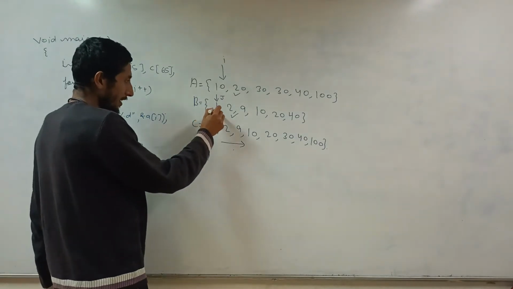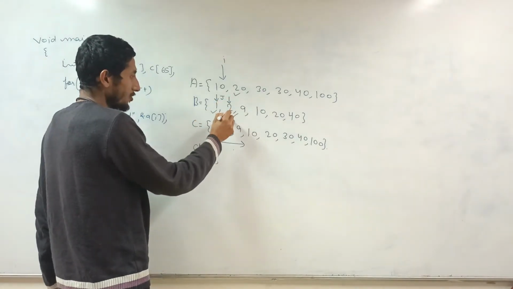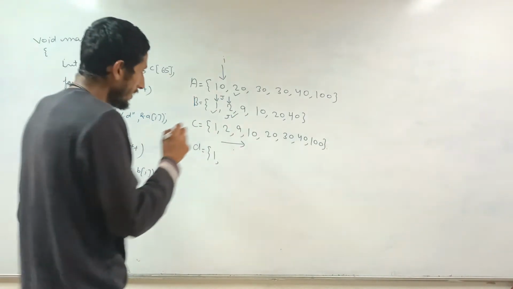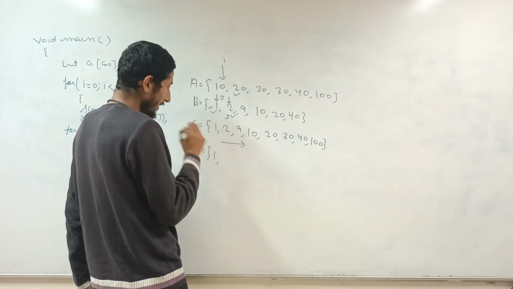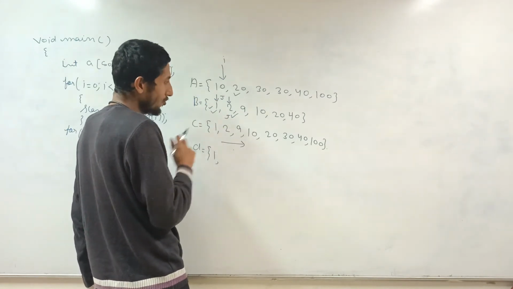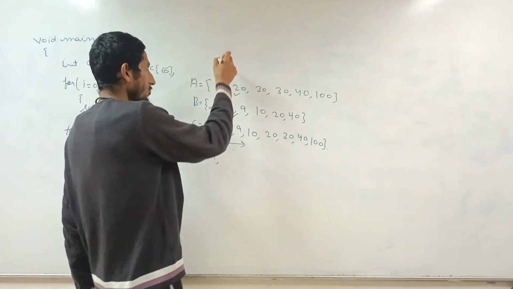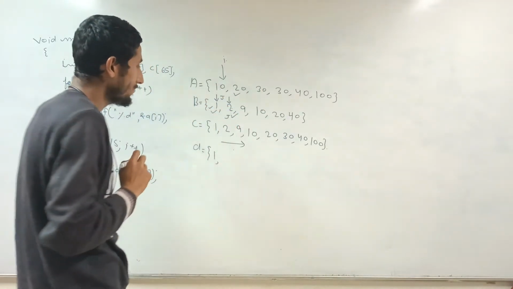If one is smaller, then I will copy it and I will increment the value of j. The meaning of this is that this element is smaller, so I have copied the element. Now you have to compare 2 with 10. That's why you are not going to increment the counter of i. You are just going to increment the counter of j.